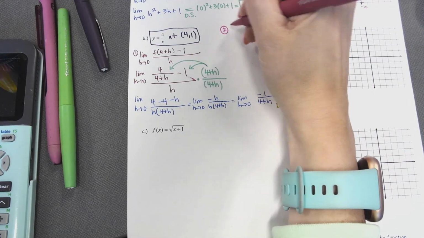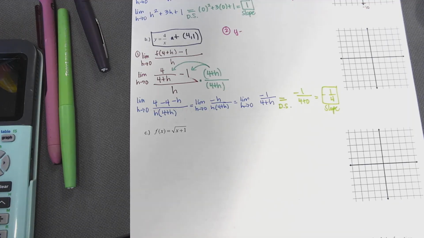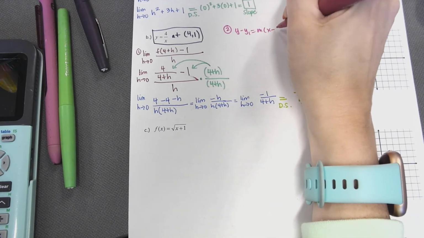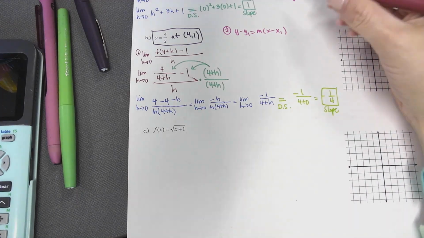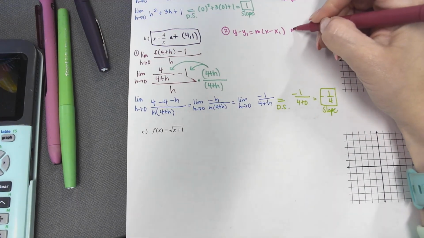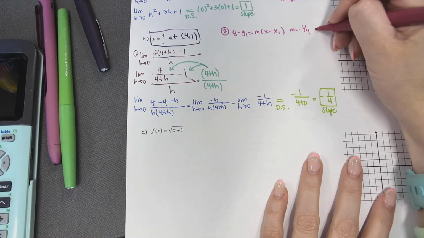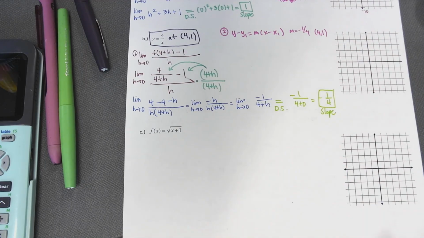So then when you go to step 2, your y minus y1 equals m times x minus x1. Your slope is negative 1/4. Your point is (4, 1). Okay, go ahead, plug that in and simplify, and then we're going to graph it.